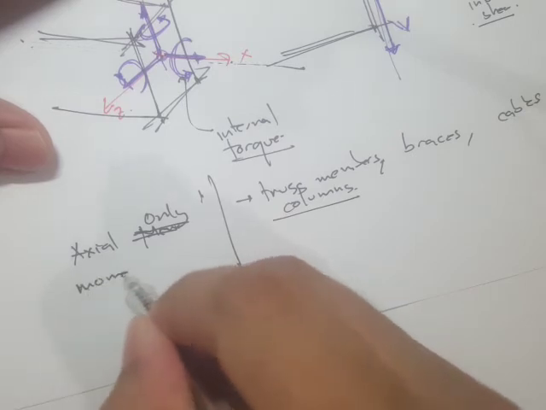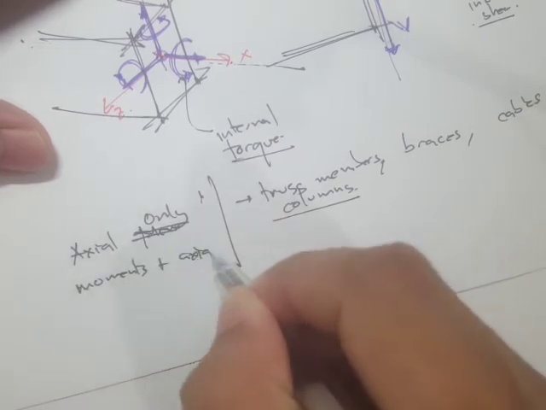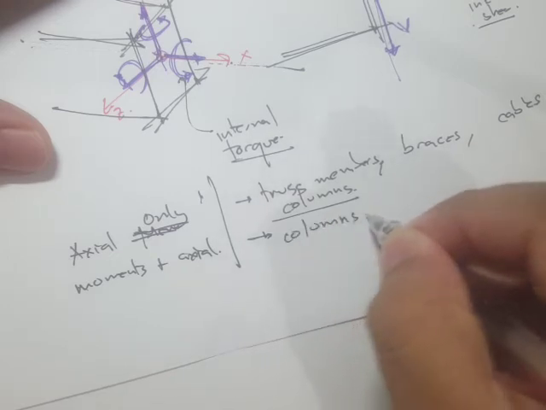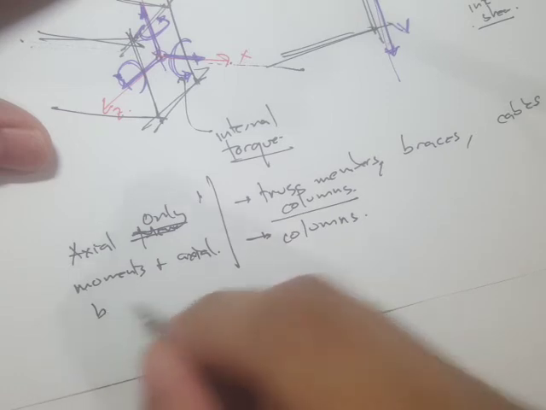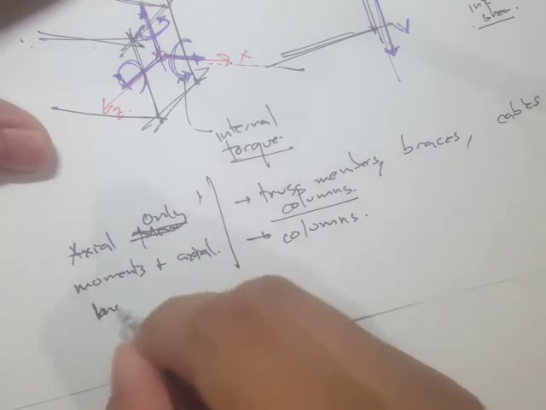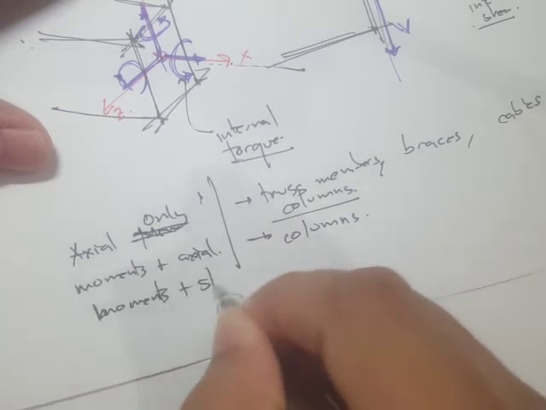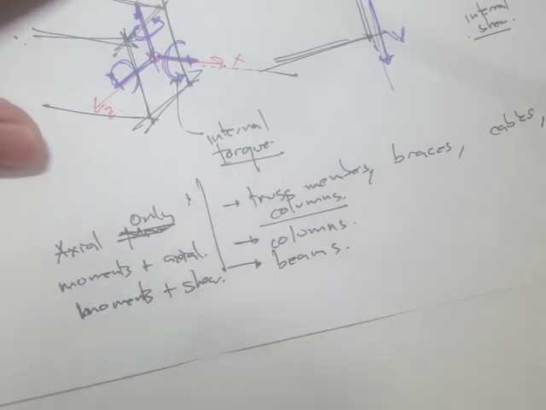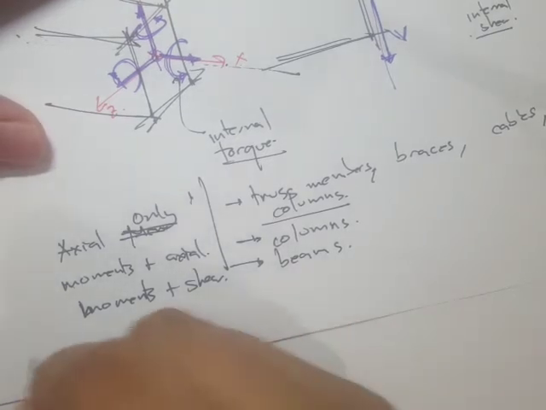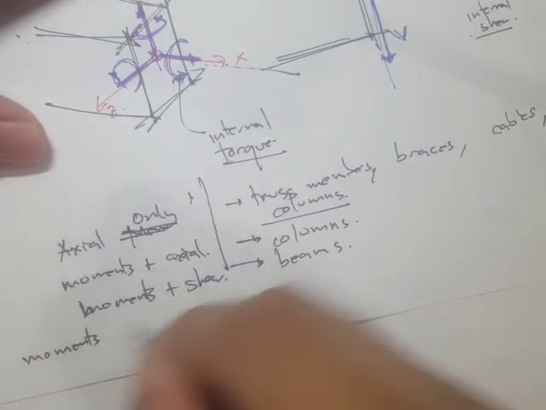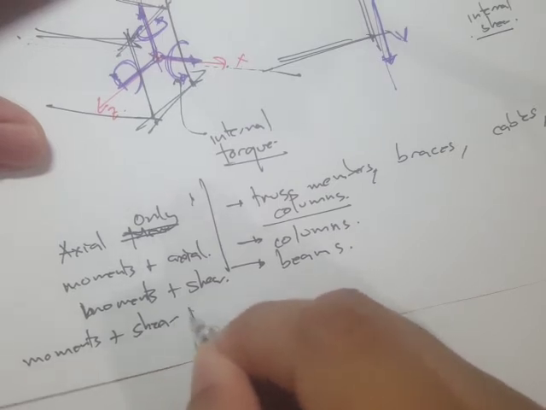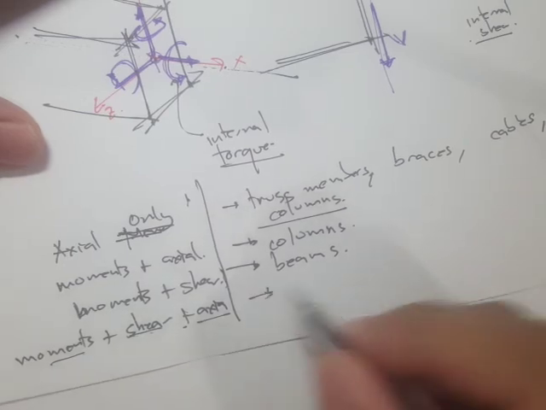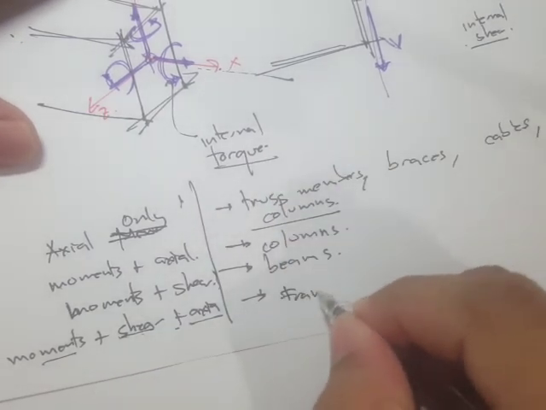And we can also have, for example, moments plus shear, as in beams. And sometimes we have moments plus shear plus axial. If we have three internal forces, these are typical for analysis of frames.